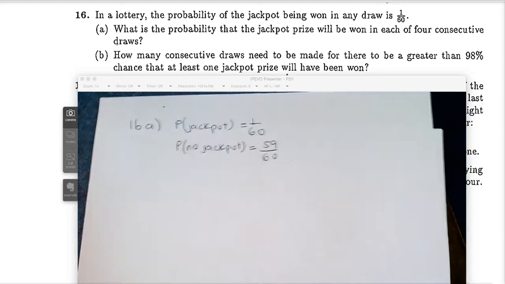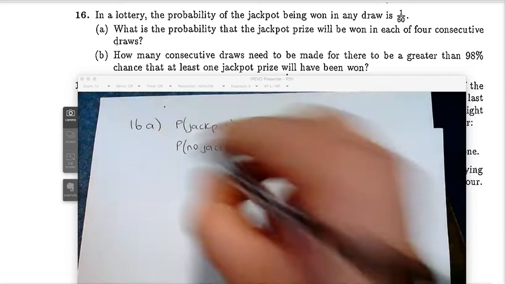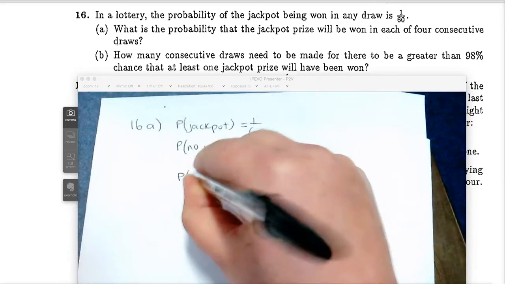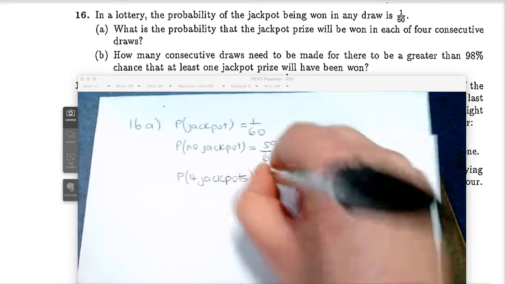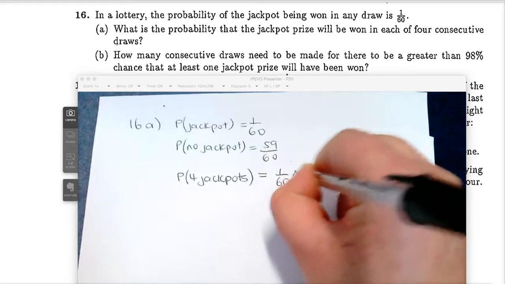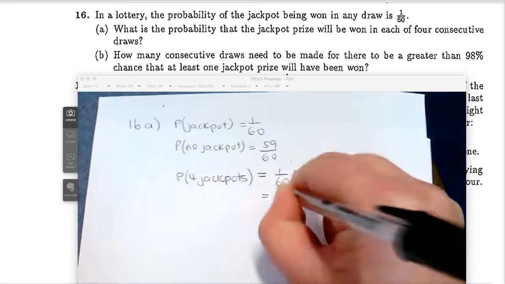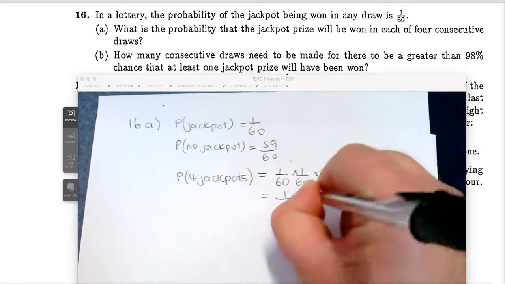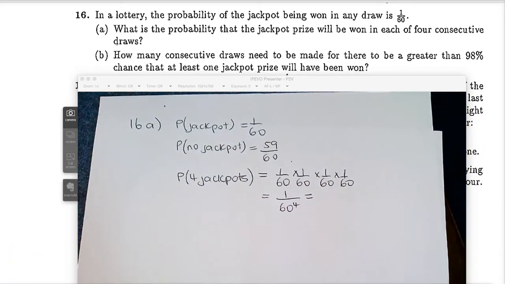Now it says, what is the probability that the jackpot prize will be won in each of 4 consecutive draws? How did you do that, girls? 1 over 60 to the power 4. I think so. Is 1 out of 60 times 1 out of 60 times 1 out of 60 times 1 out of 60, which is 1 out of 60 to the power of 4, which is something pretty. Which is 1 over 129.